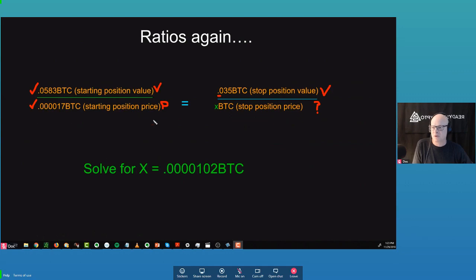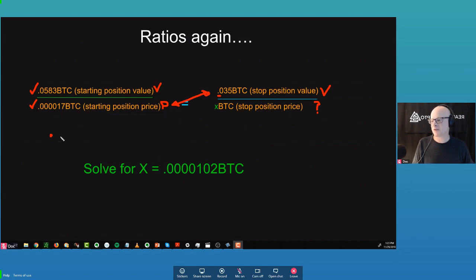So for those of you that don't know how to do this, what you're going to do is cross multiplication. I'm actually going to draw this out, using the smaller font here.